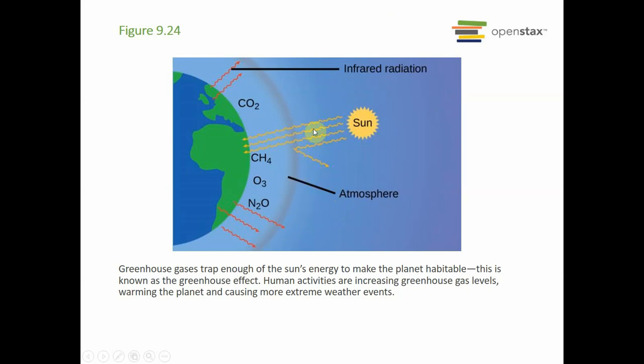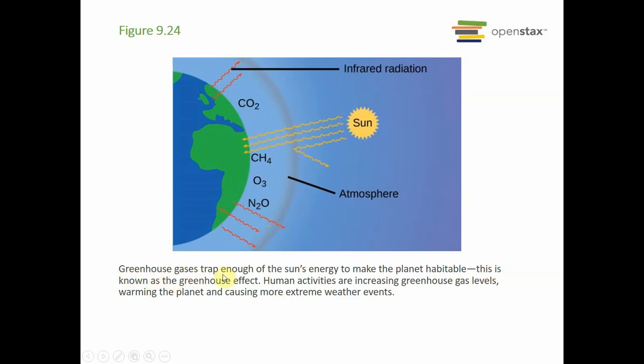But we're changing the greenhouse effect with time, by adding carbon dioxide to the atmosphere, and that is causing what's called global warming or climate change. And that could be a very serious problem within our lifetimes.